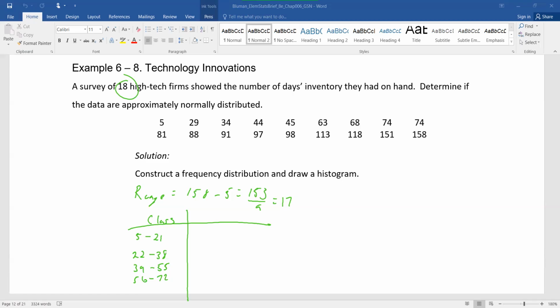All right, so 73 goes to what? And then 90 goes to 106.